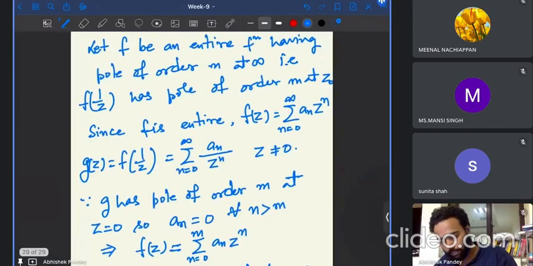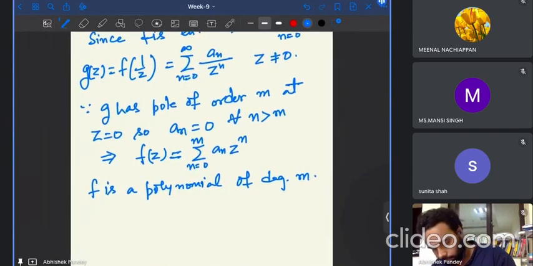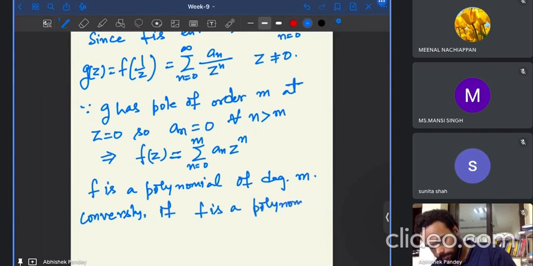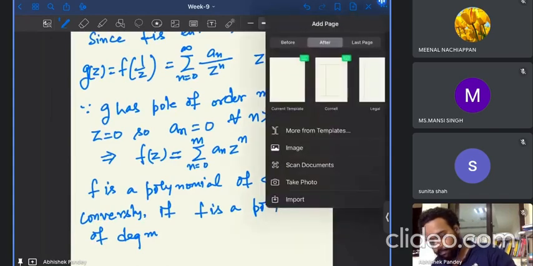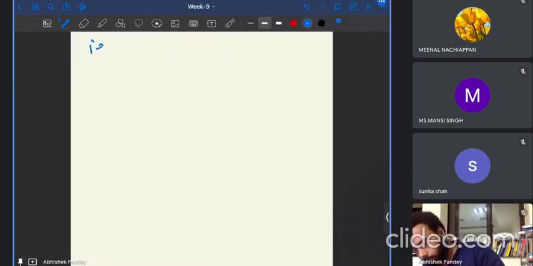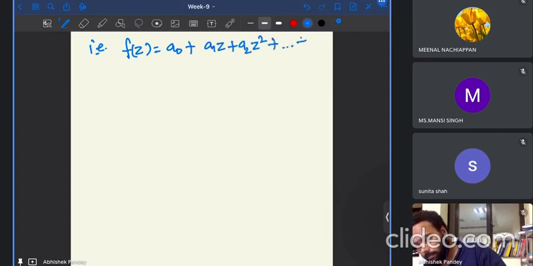In this case, conversely, if f is a polynomial of degree m, that is, f(z) is a_0 plus a_1 z plus a_2 z squared and so on up to a_m z to the power m.